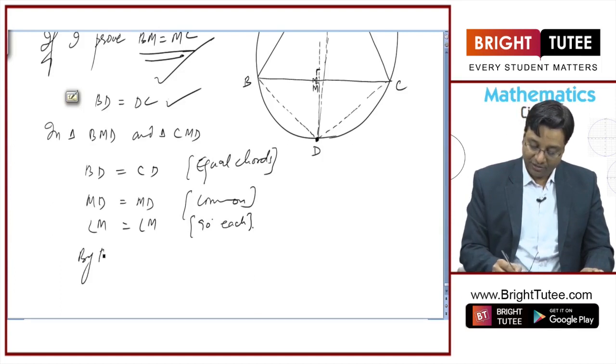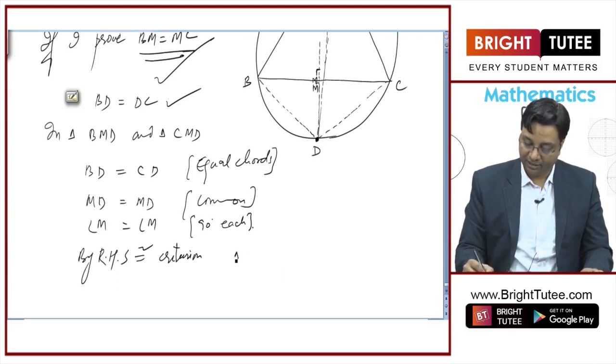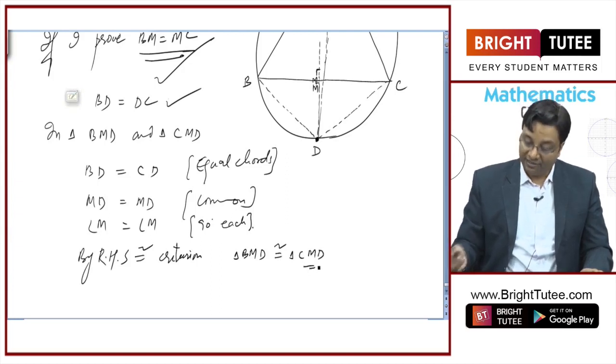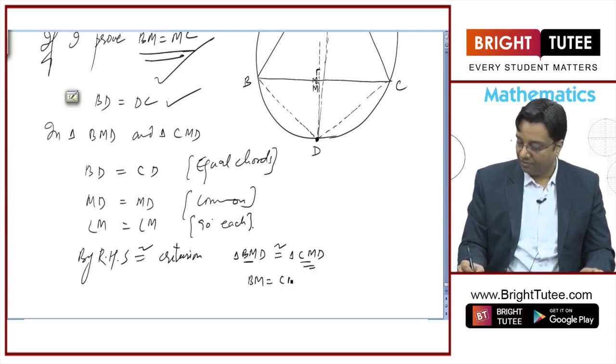Now by RHS congruence rule, these two triangles, triangle BMD and triangle CMD, are congruent triangles, and if these are congruent, then BM will be equal to CM by CPCT.